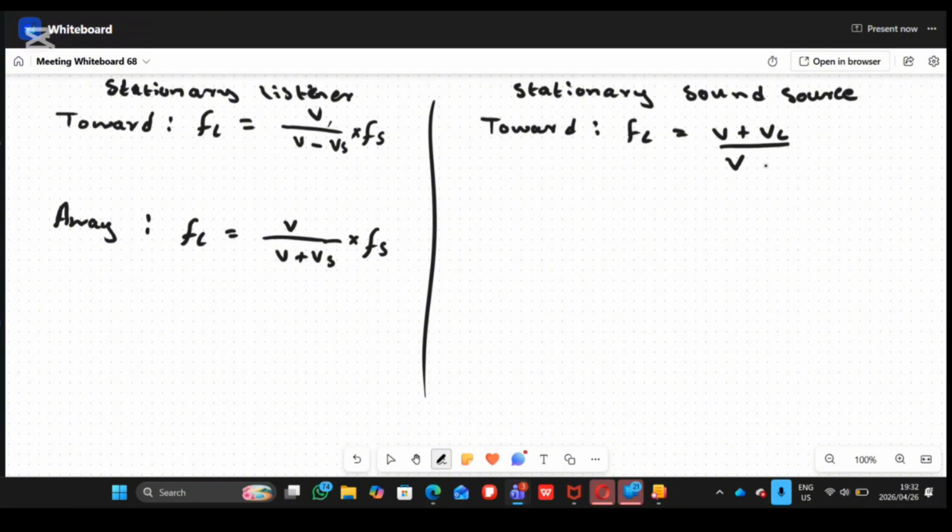That is why I just wrote V. Then multiply by the frequency of the sound source.